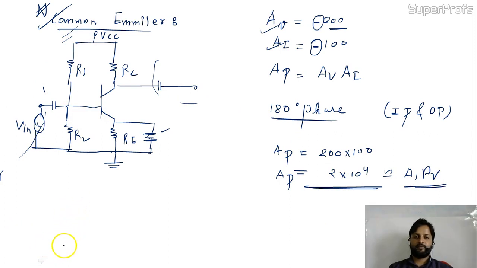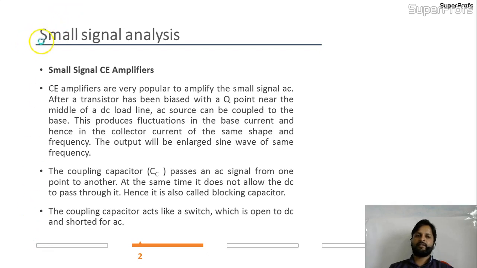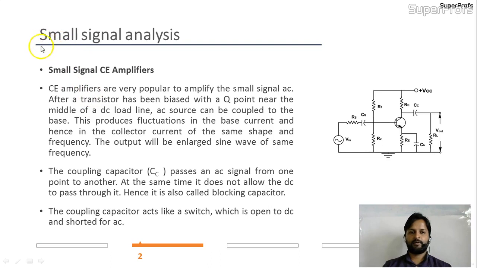Now friends, we'll move to small signal analysis, the very important part of the unit. Again, I'm telling you, small signal analysis, because 60% of the questions we get come from this. If I talk about the BJT unit, small signal analysis.